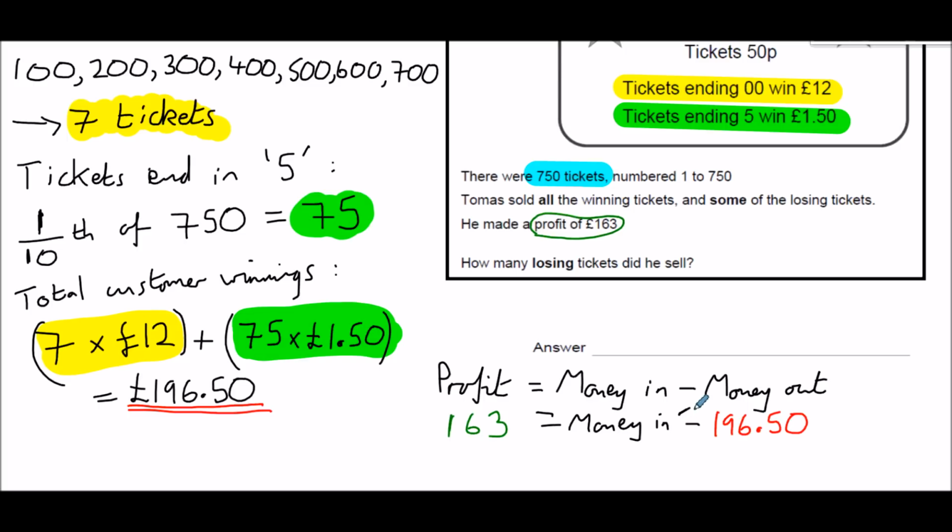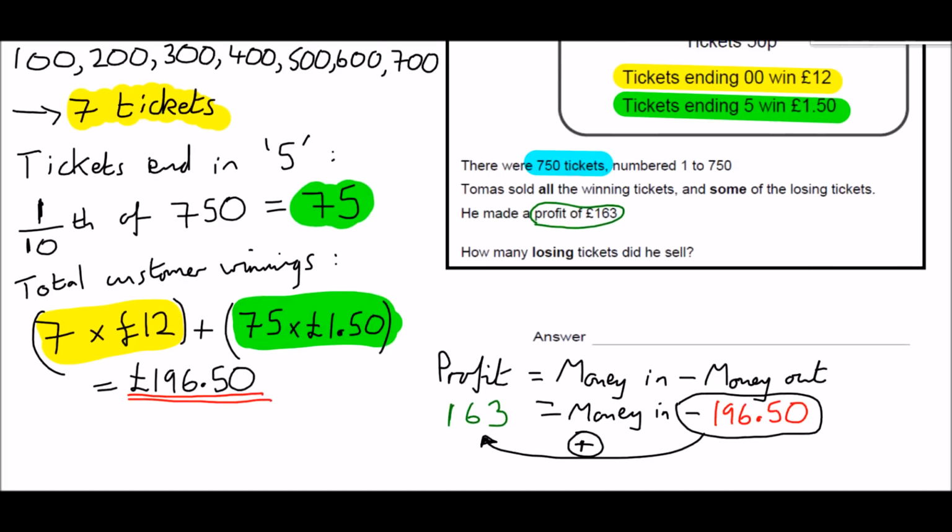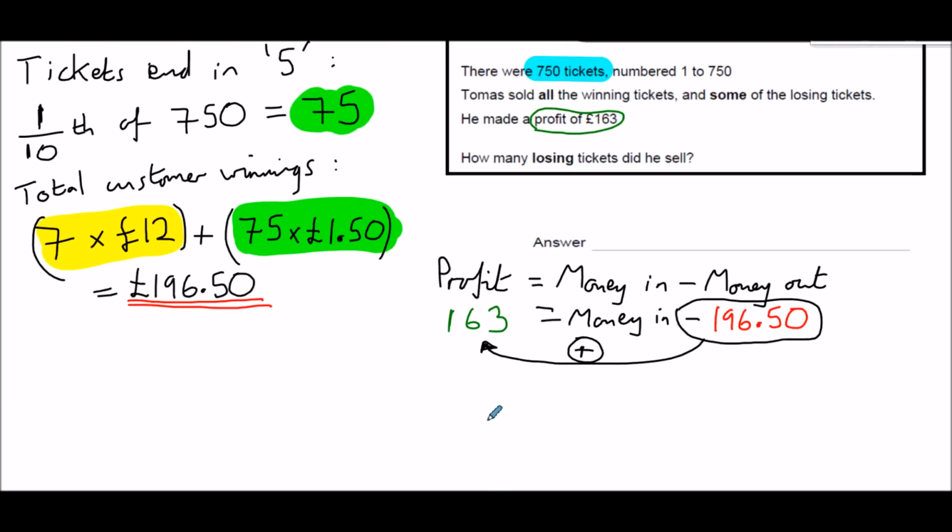So if we take this £196.50, swap the side of it, and swap the sign. Opposite of minus is to add.